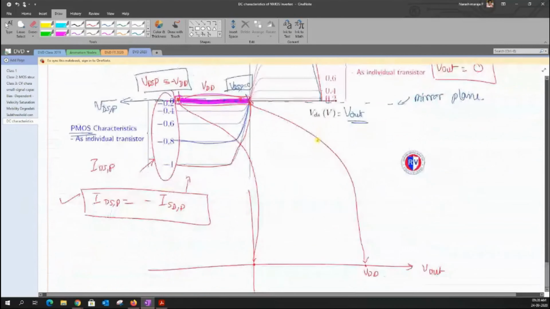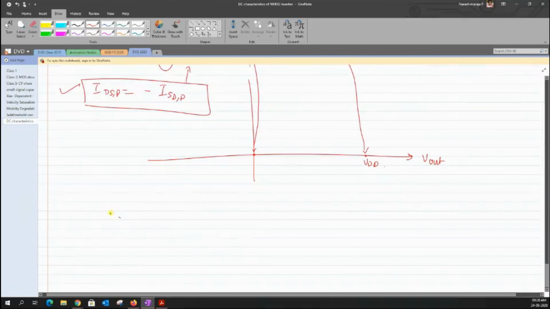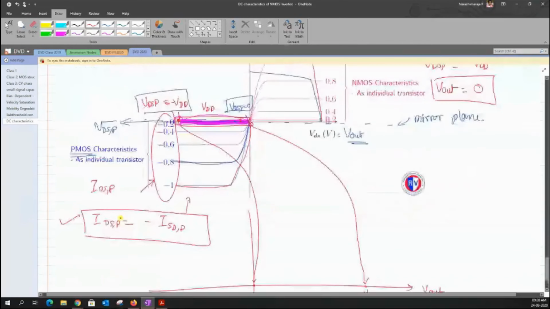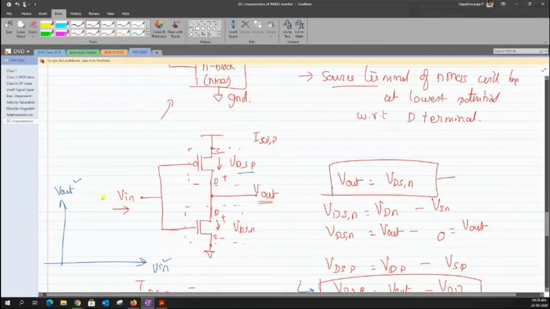So graphically we have to do something like this, and now let us try to apply the value of Vn. Whatever we discussed is with respect to the output, Vout. In the same way, we also have to work with respect to the value of Vn.